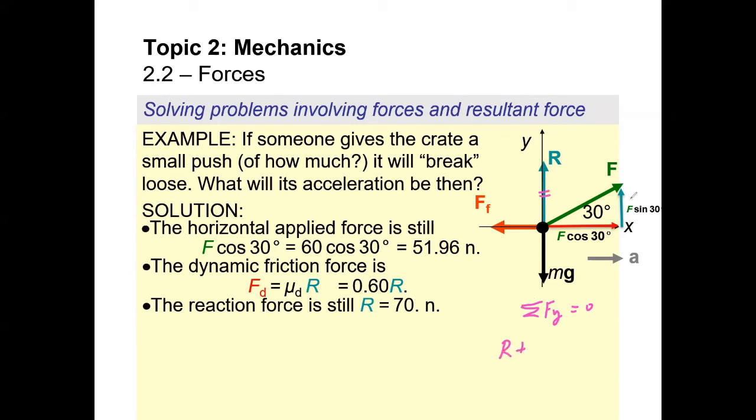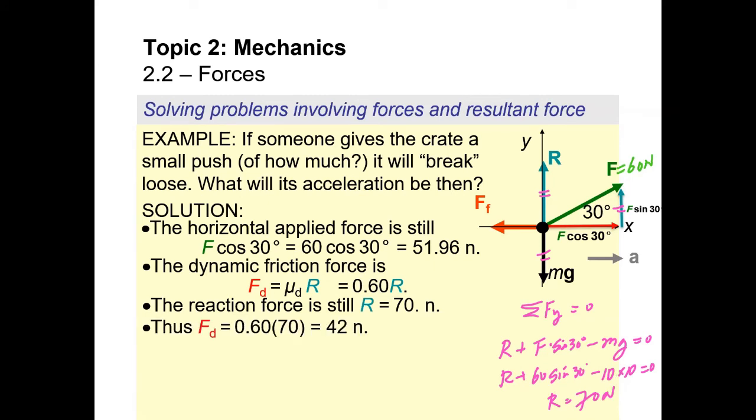R plus F times sine 30 degrees minus mg equals 0. Substituting values, R plus 60 sine 30 degrees minus mass 10 times acceleration due to gravity 10 equals 0, and R equals 70 Newtons. The dynamic friction equals 42 Newtons.